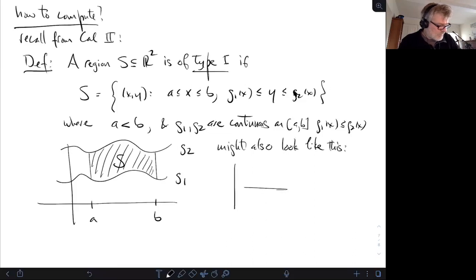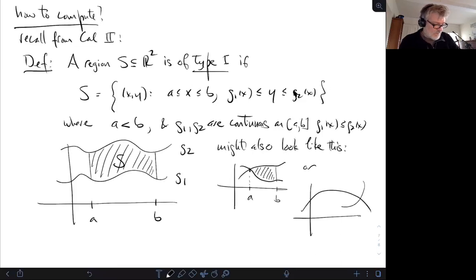It's possible that they meet like that, or they could intersect at both ends, like this.